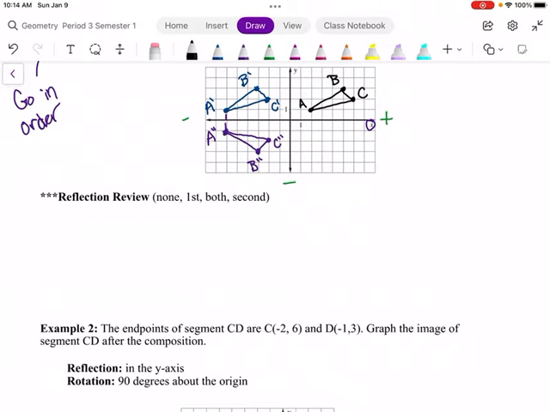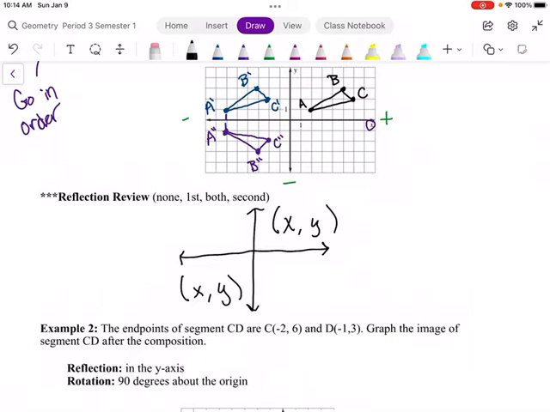And then we have our reflection review. Remember, with our reflections, we do have our rules. And when you're filling these out, there's 2 that have X, Y, and they're right across from each other. And then there's 2 that are Y, X. And the phrase that you can use is none, first, both, second.